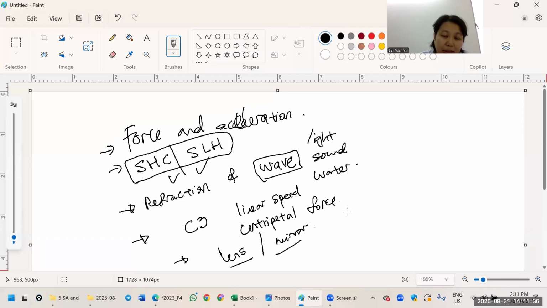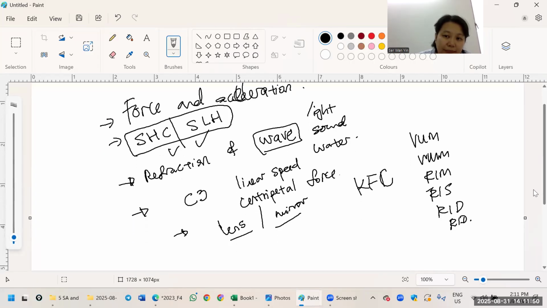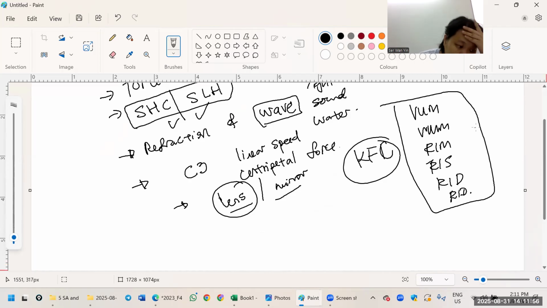Normally with lens and mirror, they will surely ask you the characteristics. Normally if they ask this, there will surely be a ray diagram.